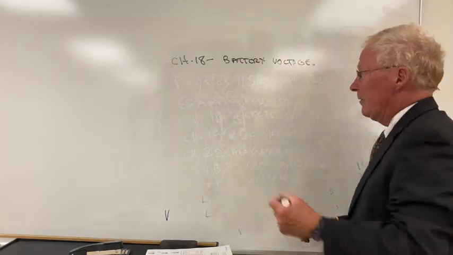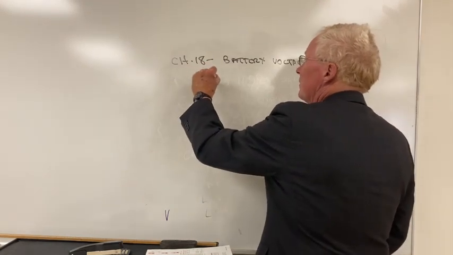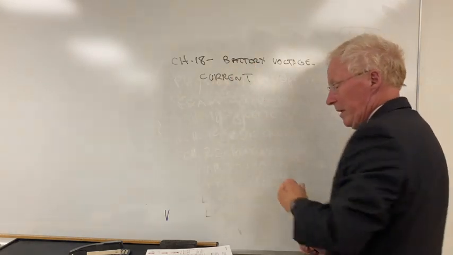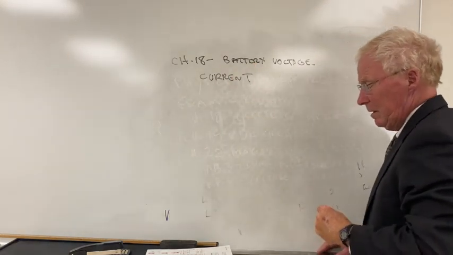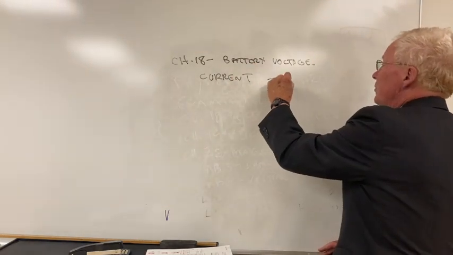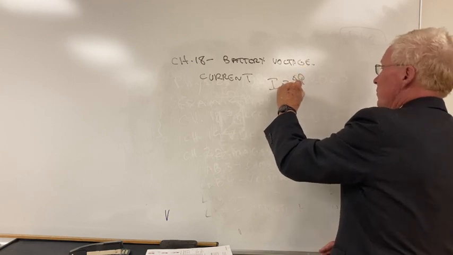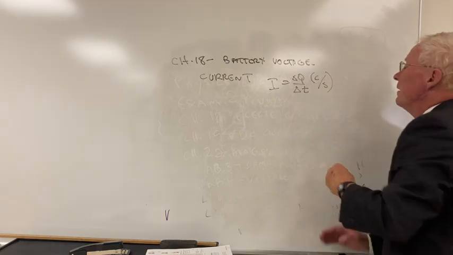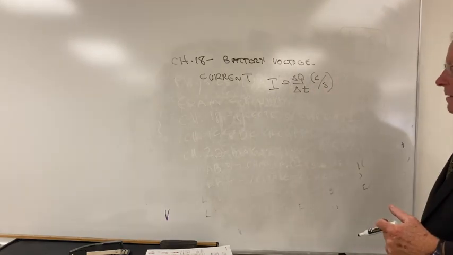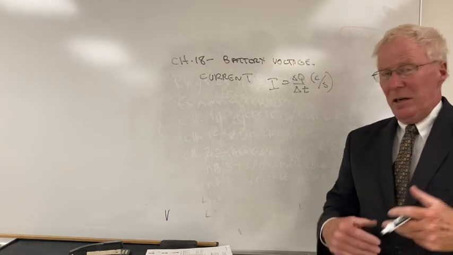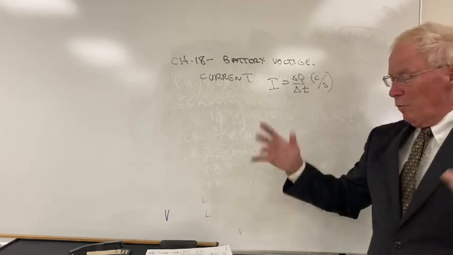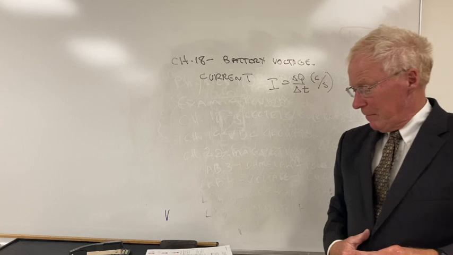All right, then we have again electric current, which again we defined as I is change of charge over change of time. Again, this is coulombs per second. We had charge, protons, electrons, but it's electrons that move in current.